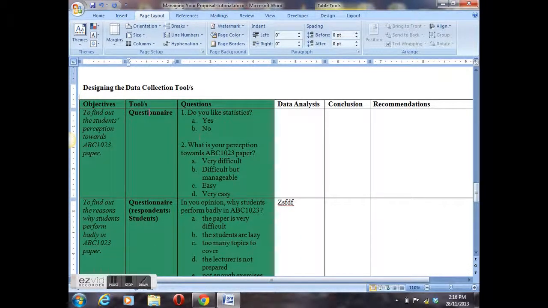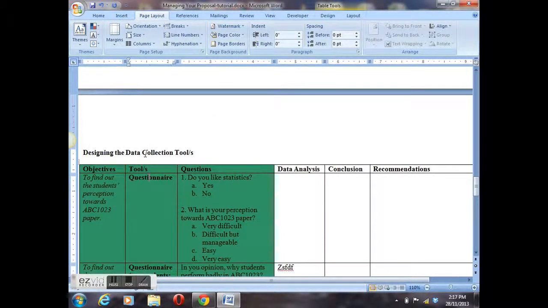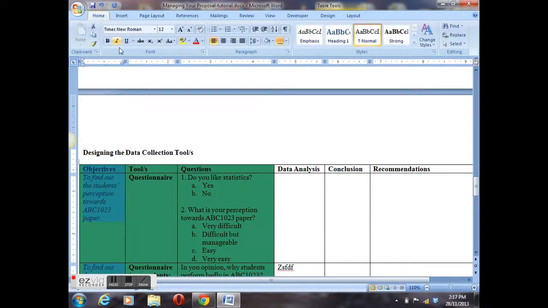Let's say this is related to the statistics paper, and the first objective here is to find out the students' perceptions towards the ABC paper. So make it clear for you.